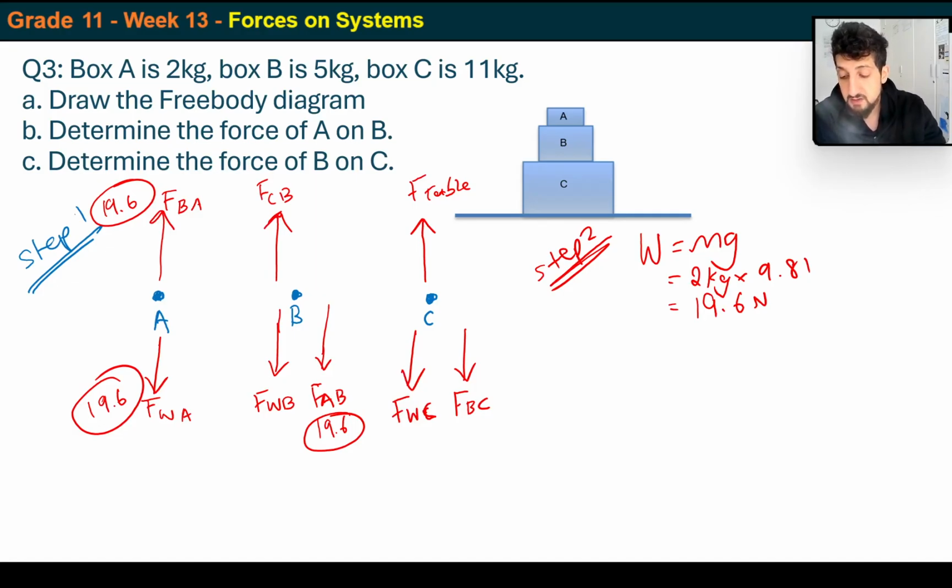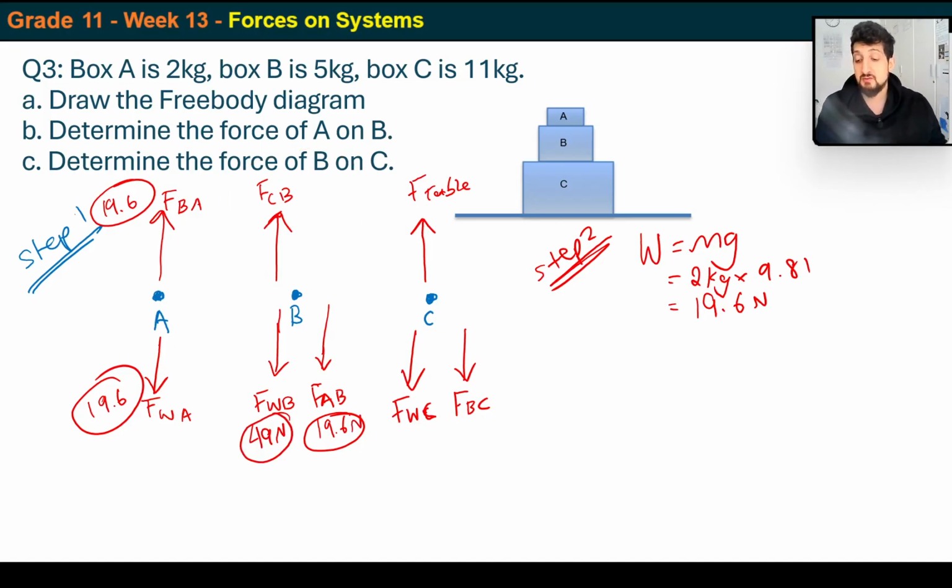What about the weight of B? How can I determine the weight of B? Well, it's exactly the same. All I need to do is find the mass of B, which is given to me in the question. So it's 5 kilograms, and so it's 5 multiplied by 9.81. And so that's going to be 49 newtons. Of course, I should remember the newtons. So what about FCB? How do I figure that out?